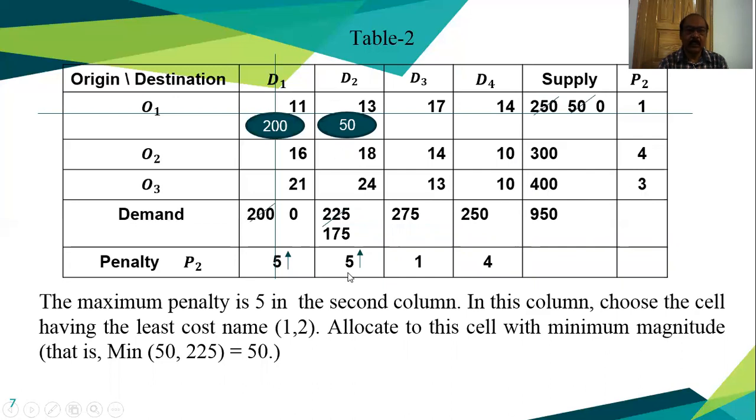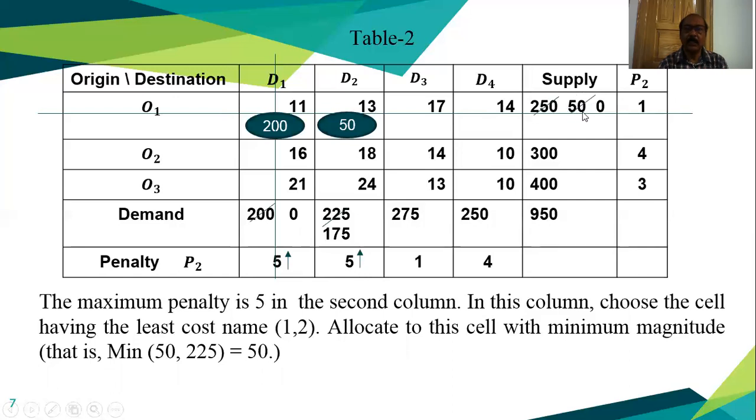Now this 5 comes into consideration because this is the maximum penalty that we are considering. Now, in this case, what is the minimum cost? 30. Minimum cost is 30 in this case.